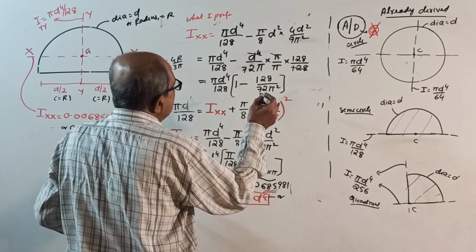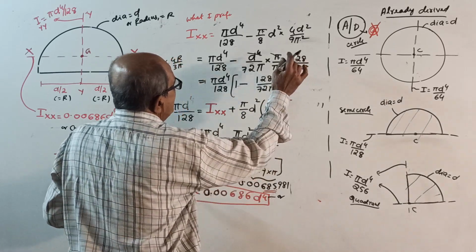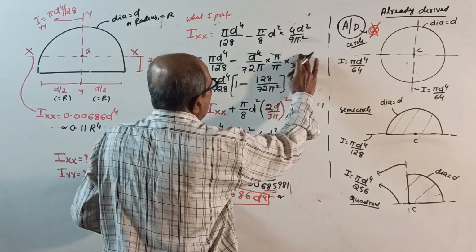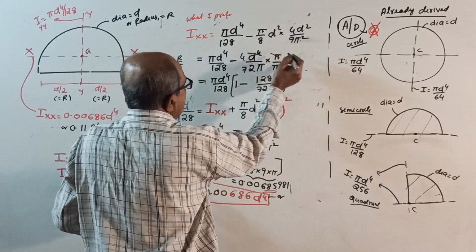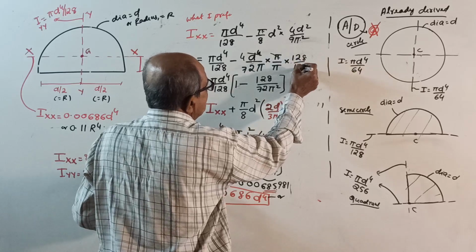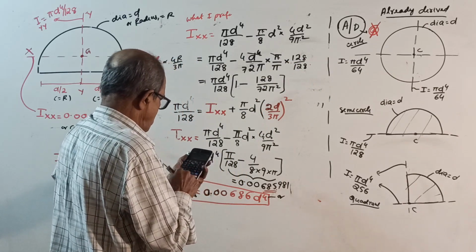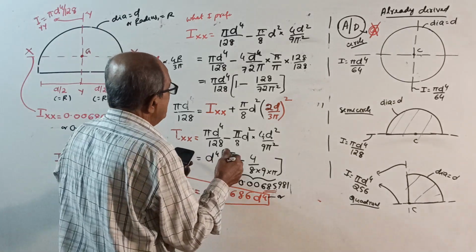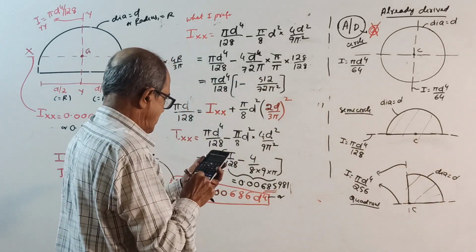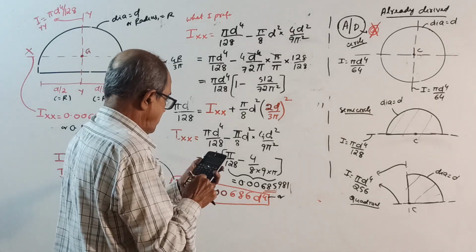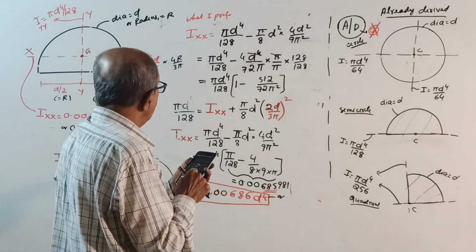Already the 4 is there, so I write that 4 here, into 128 by 128. Nobody is doing it. Then it will become 128 into 4 is 512, so 512 by 72 pi square. 1 minus 512 by 72 divided by pi square is some number into pi divided by 128.